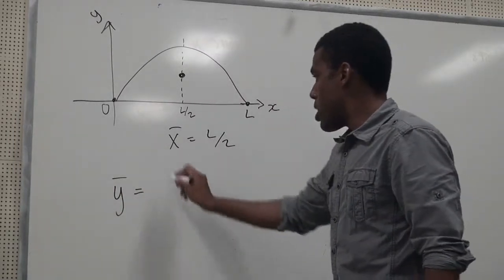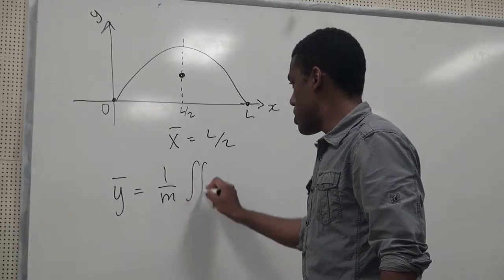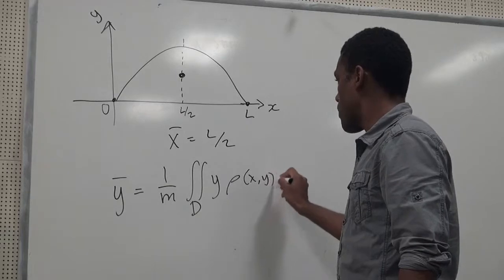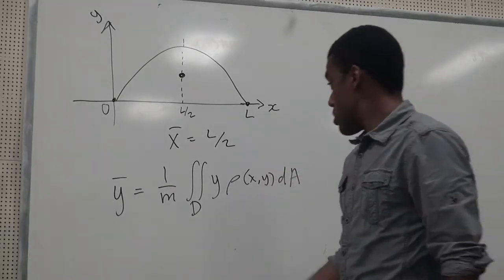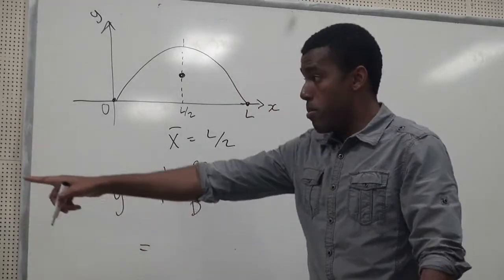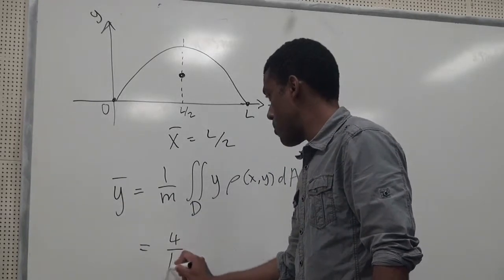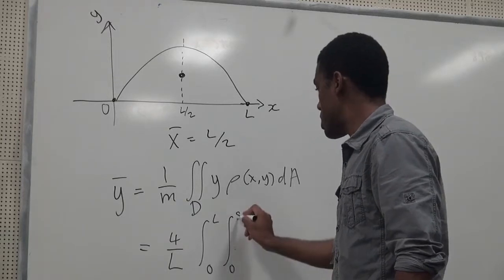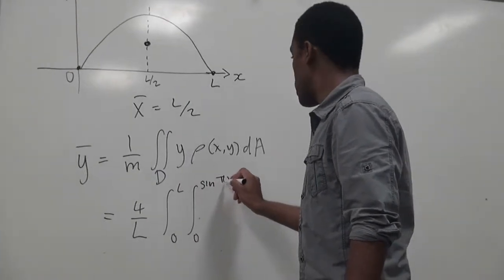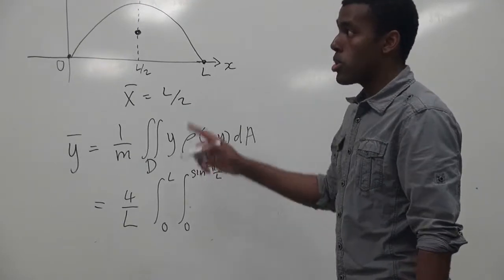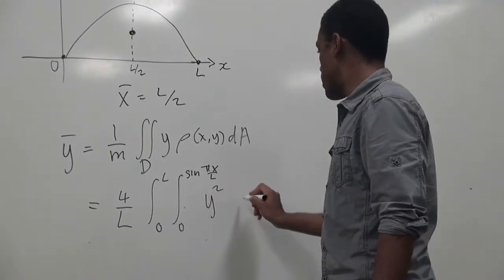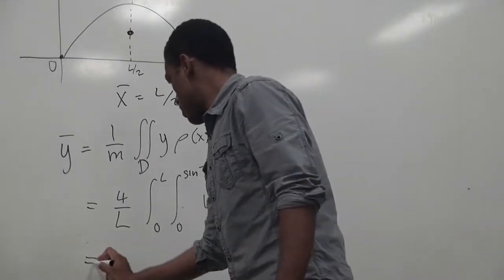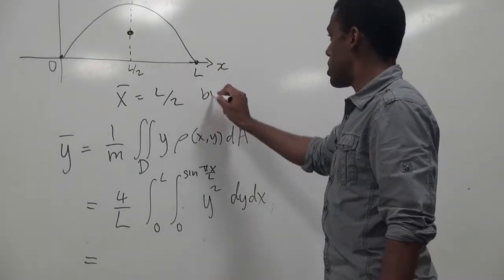The formula for y bar is 1 over m times the double integral over D of y times rho dA. So 1 over m is just 4 over L, times the integral from 0 to L, 0 to sine of pi x over L. And rho was y, so this is just y squared dy dx.